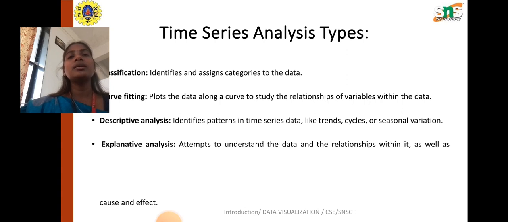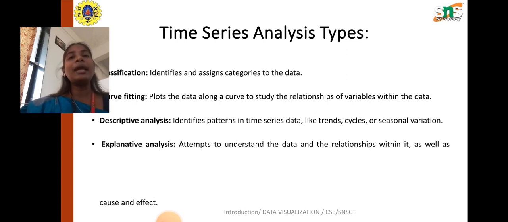The next one is descriptive analytics. Here we look at which values are trending at present, and that is considered descriptive analysis. We can provide a description, one reasonable value for the changing data, like seasonal variation.